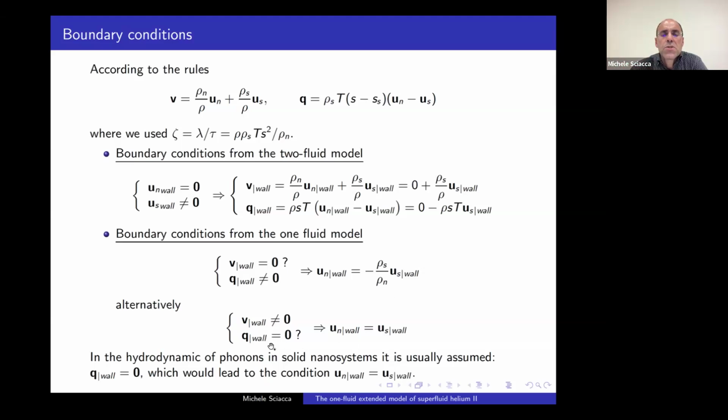Instead, the other choice, Q on the wall zero, would mean that UN and US should be equal on the wall. A different vision of the problem would probably lead to this: starting from the one-fluid model, the normal component cannot be zero on the wall. It's an open question. Clearly, I can't give you an answer.